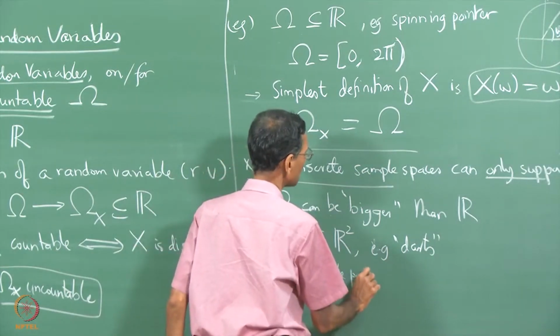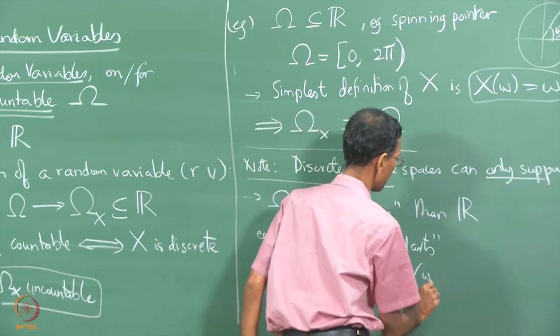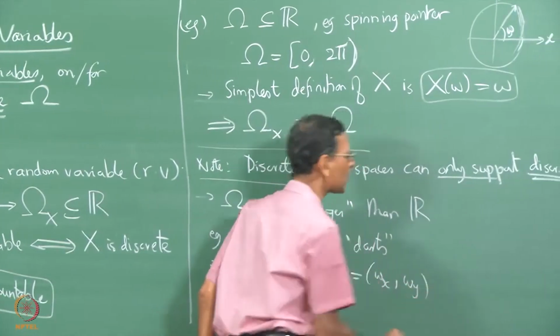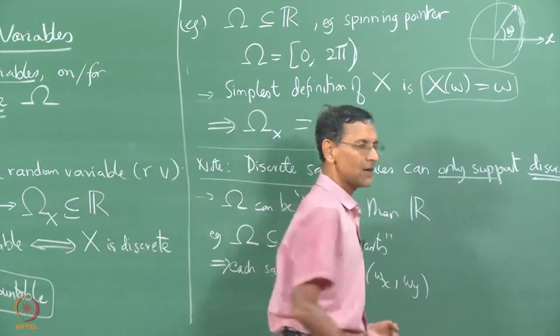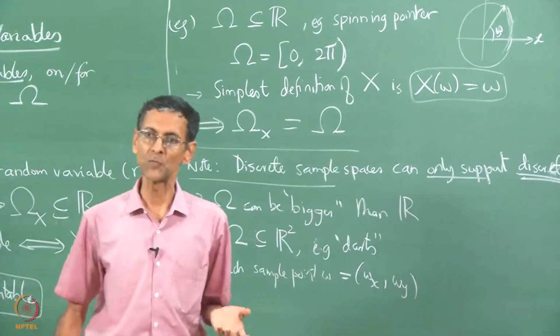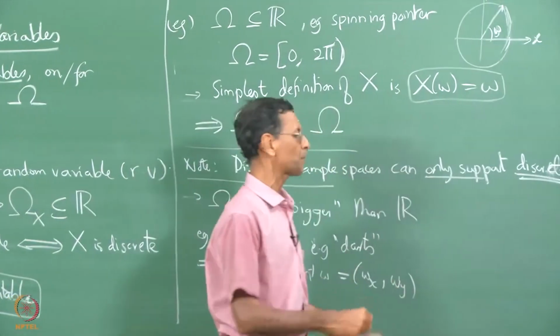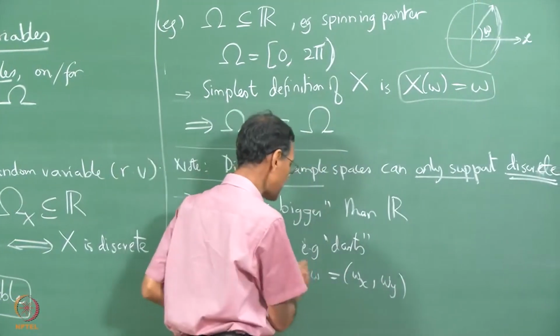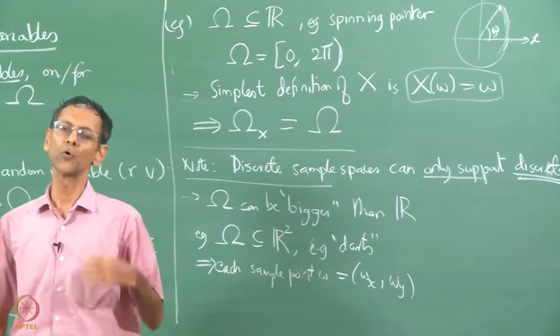Each outcome of the experiment is composed of an x coordinate and a y coordinate, once you define the axes, which we have presumed was done at the start of the experiment. Together they define the outcome of the experiment.